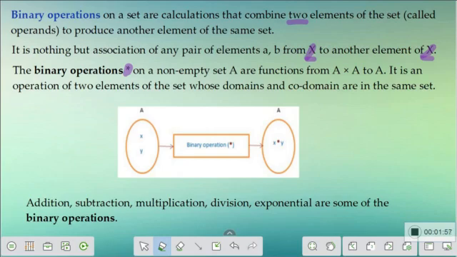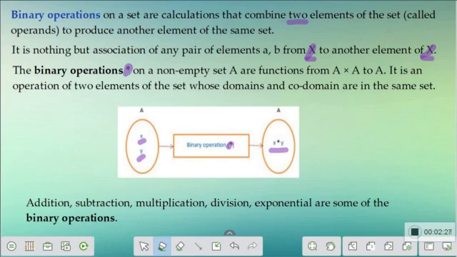Here is a diagrammatical explanation for you. There is a set A which contains two elements, one is X and the other one is Y. And the function that is performed from this set A to the same set A is nothing but your star, and that is what we call a binary operation. Now when you perform this binary operation on these elements X and Y in the set A, the output will be X star Y. And the star could be any arithmetic operation.